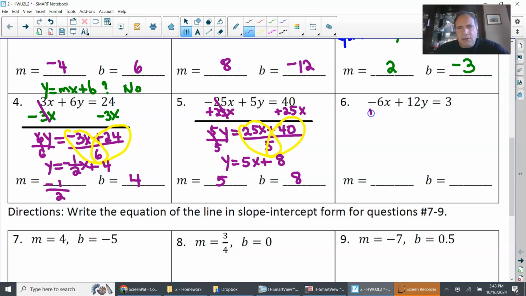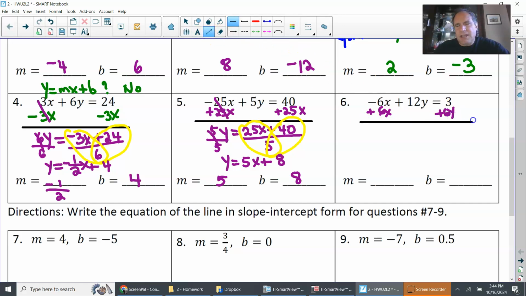Same thing here. You add 6x on both sides. You want to get that 12y alone, because then eventually you're going to get the y alone. This cancels. You have the 12y. You bring it down. Equals. You see this 6y? I'm going to put that first. Plus 3. And then you divide by 12.